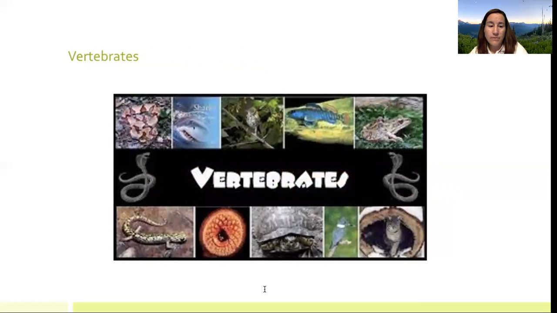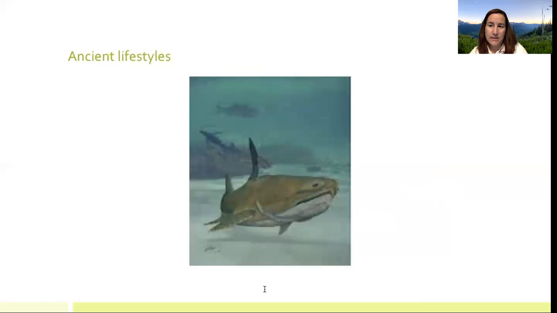Moving on to vertebrates. These guys are going to be highly specialized, but we're going to start off with our primitive guys and then advance on. When we learned about the different time frames that we talked about previously, Cambrian, Precambrian, and Jurassic and all that stuff, well, life originated in the water, right?